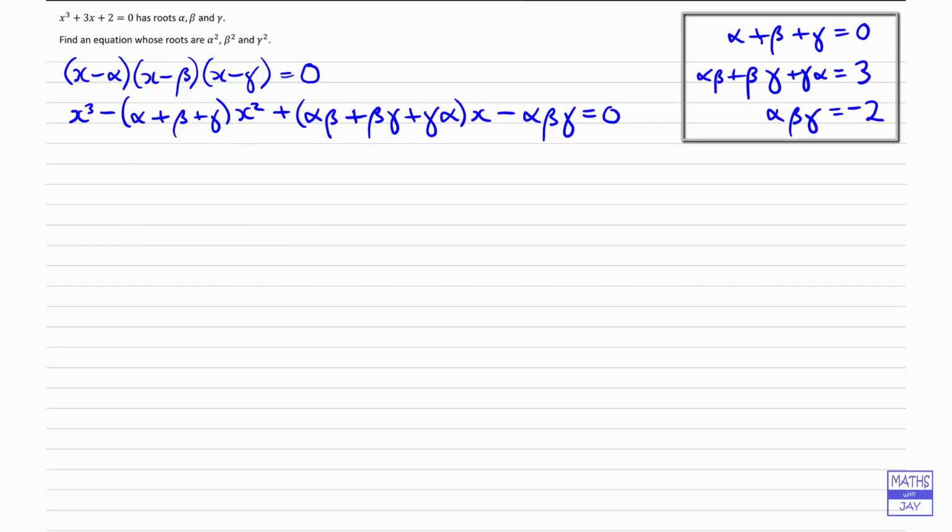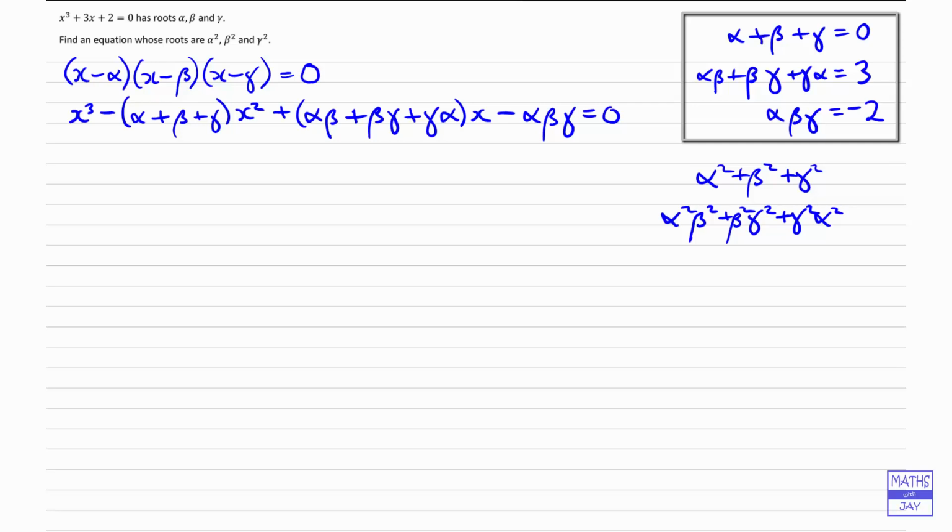So now we need to think about what we actually want. Well, we want the new equation to have roots alpha squared, beta squared and gamma squared. So that means what we want is alpha squared plus beta squared plus gamma squared, and alpha squared beta squared plus beta squared gamma squared plus gamma squared alpha squared.